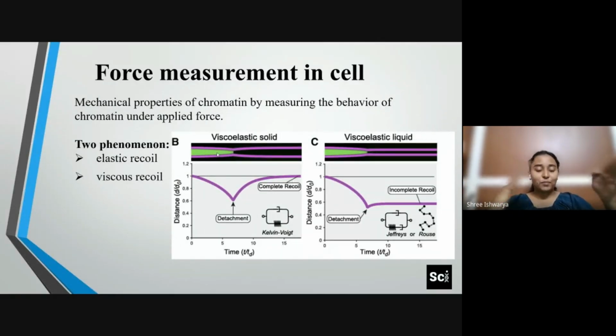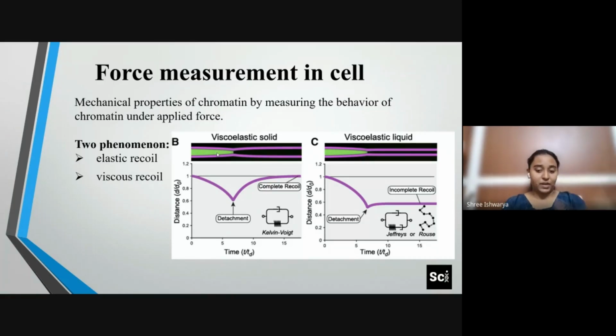Here we are applying force, an artificial force, to the chromatin and then releasing it. Researchers have observed two phenomena. One is elastic recoil, the other one is viscous recoil. Elastic recoil is when they apply the force and release it, and we can see the complete recoil of the chromatin.